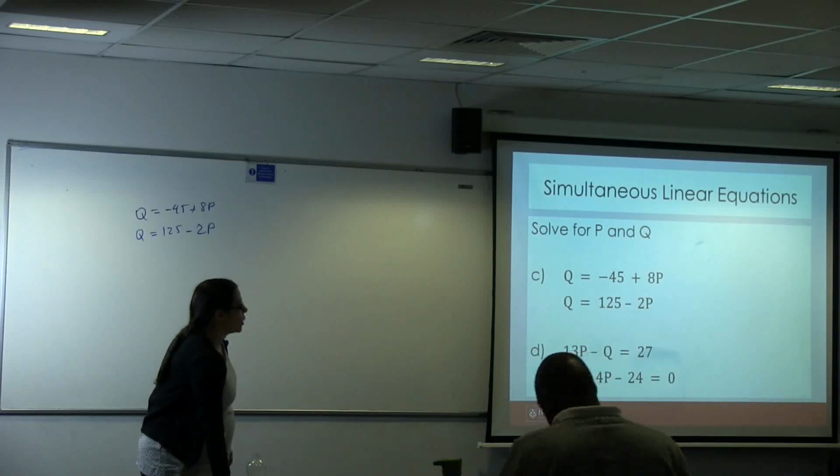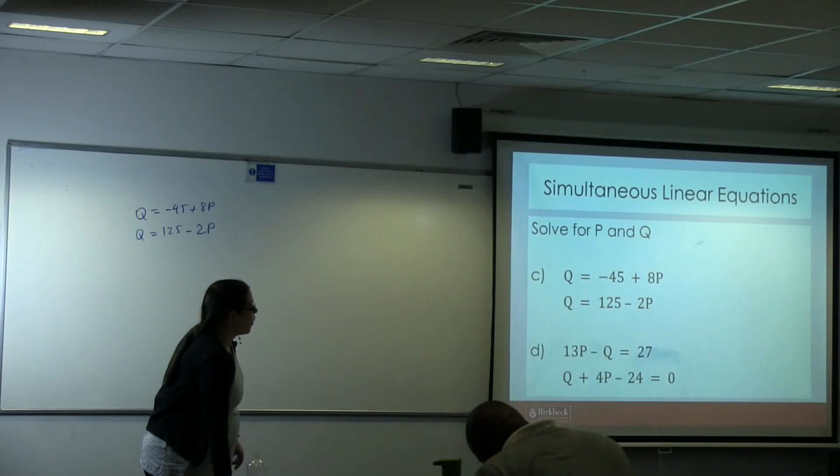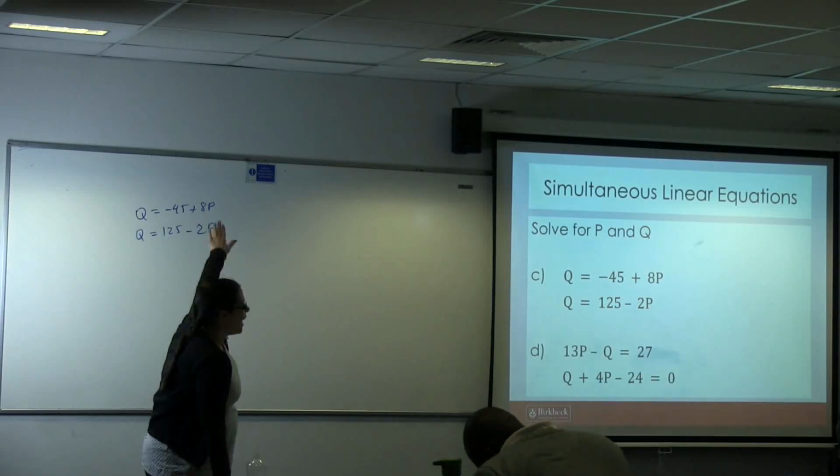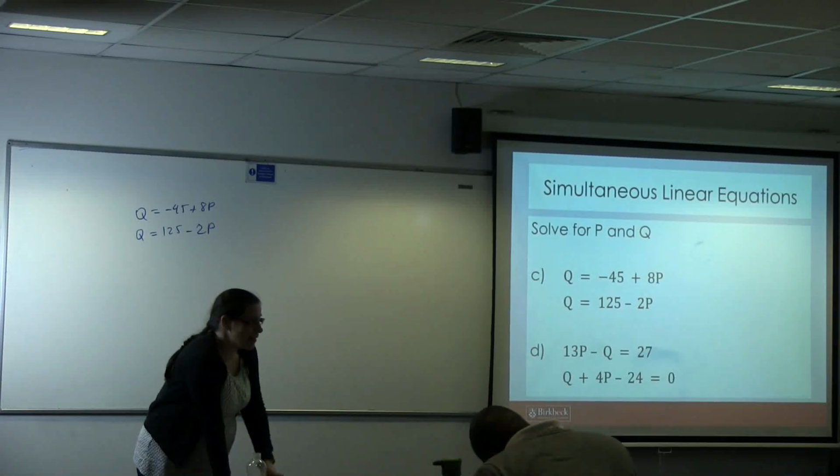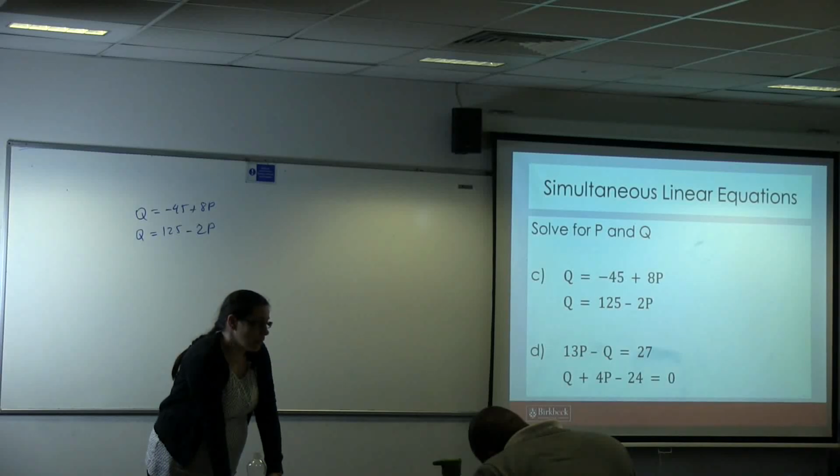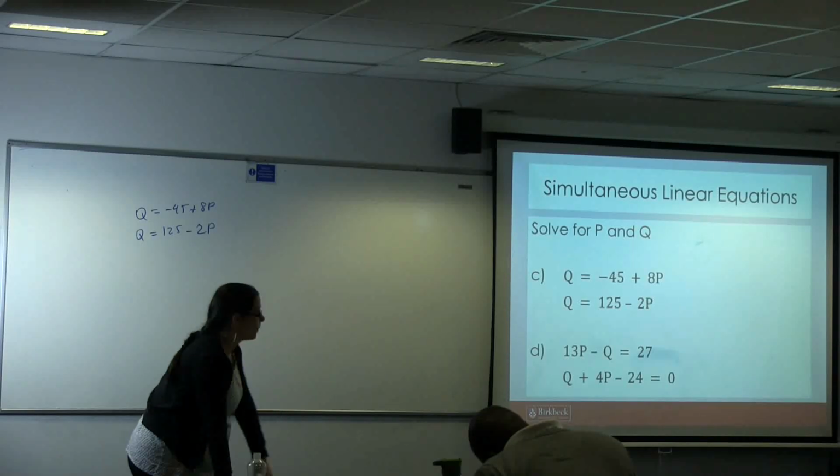When I look at these equations, what I can see is that on the left-hand side of both of them, there is just a single Q. So the left-hand sides are equal. But that also means that the right-hand sides have to be equal as well, otherwise the equations would not be holding true.